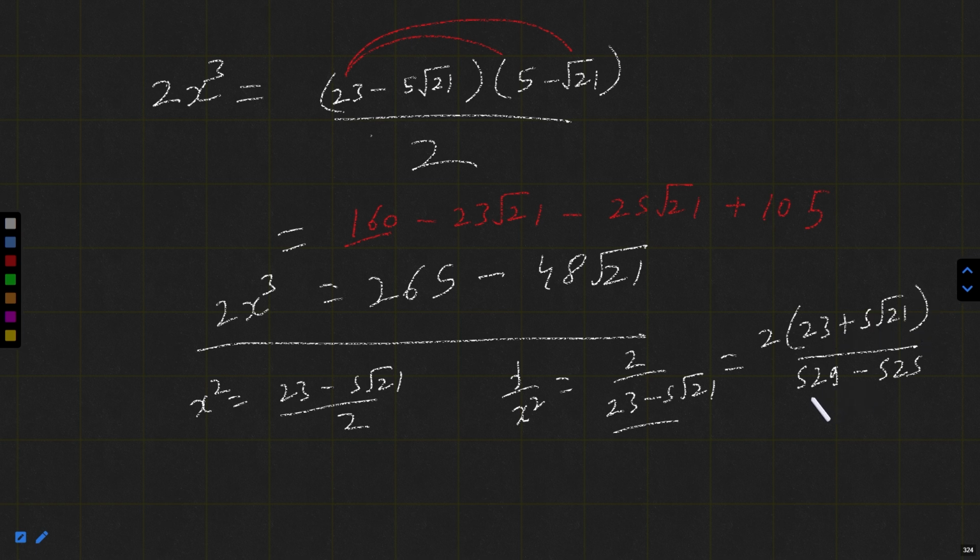Below we are left with only 4, so we have 4 and this will get cancelled. So it is 2 here only.